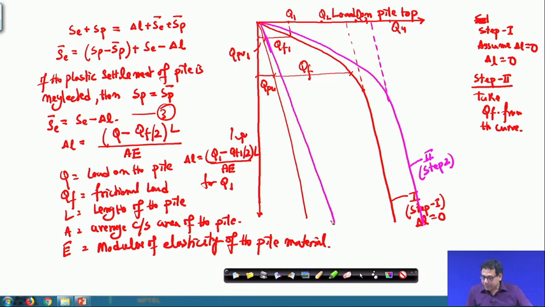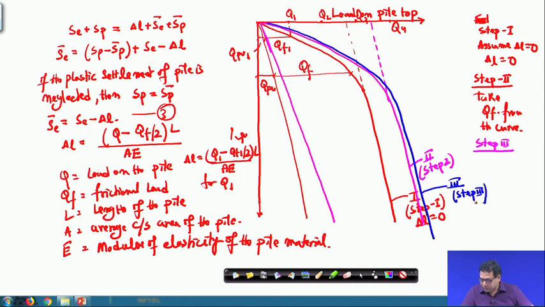Okay? Then in step 3, again you calculate the QF value from this curve the same way. Okay. And again you draw another third curve. So, that may be very close to this one. The blue one is the third curve, which is obtained from step 3. Okay.